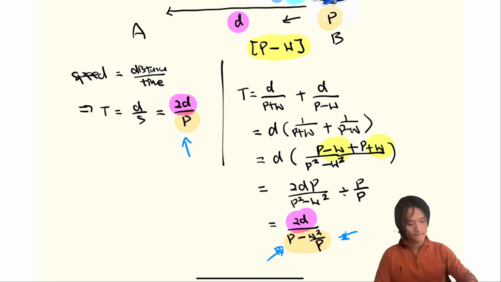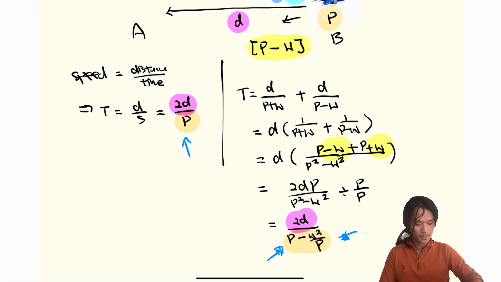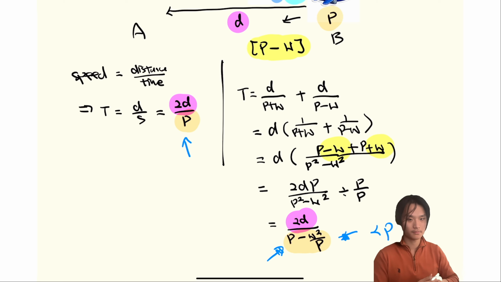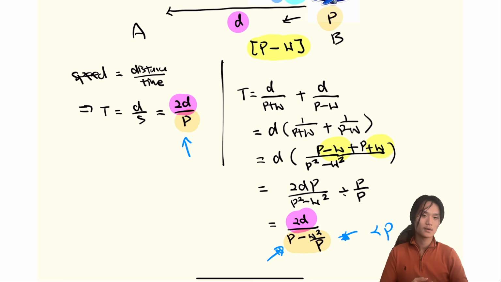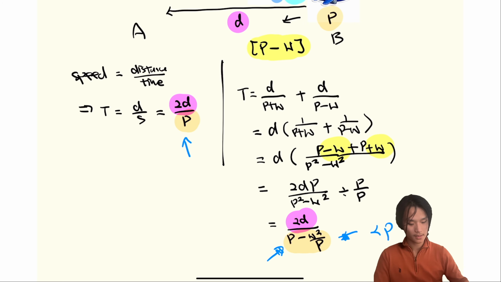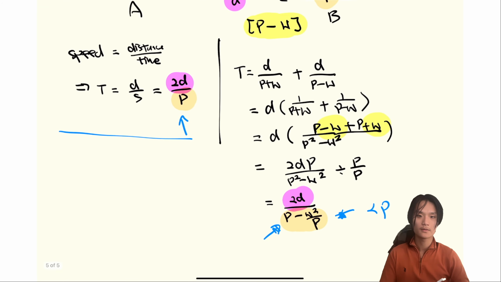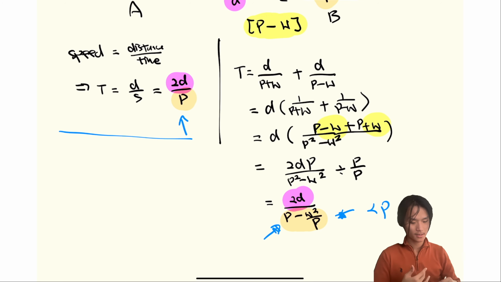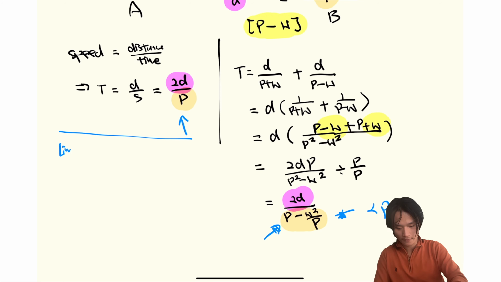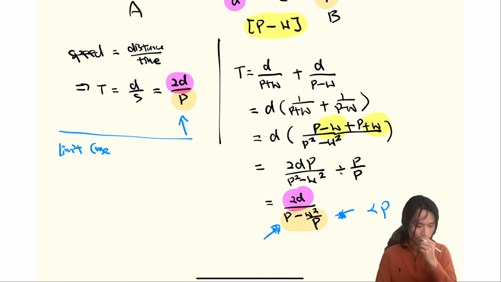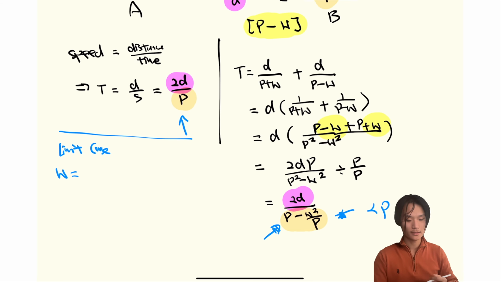So that means our denominator here is always less than P, because a number is taken off P. So that means that our plane will always take a longer time to complete the trip if there is some wind speed, no matter how great the wind speed is, because there's one limit case we can think of. That is when the wind speed is as quick as the speed of the plane.